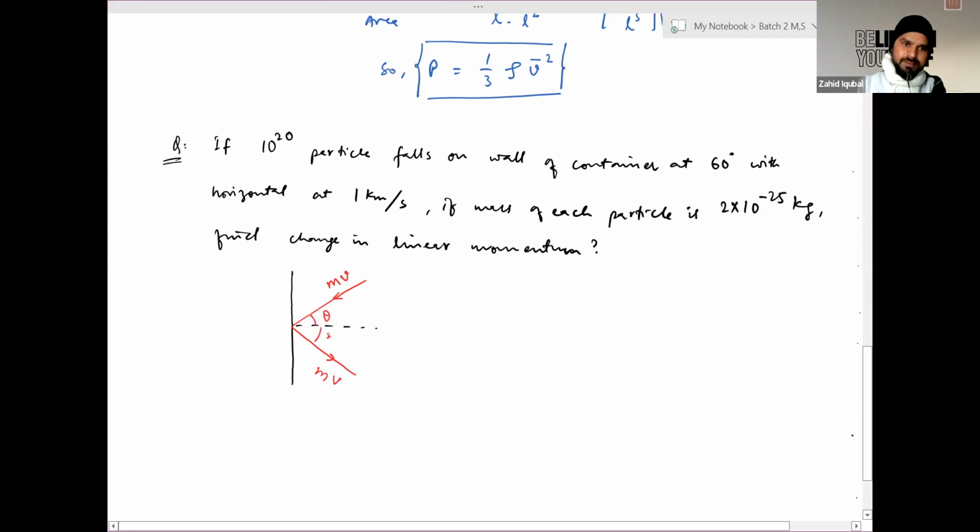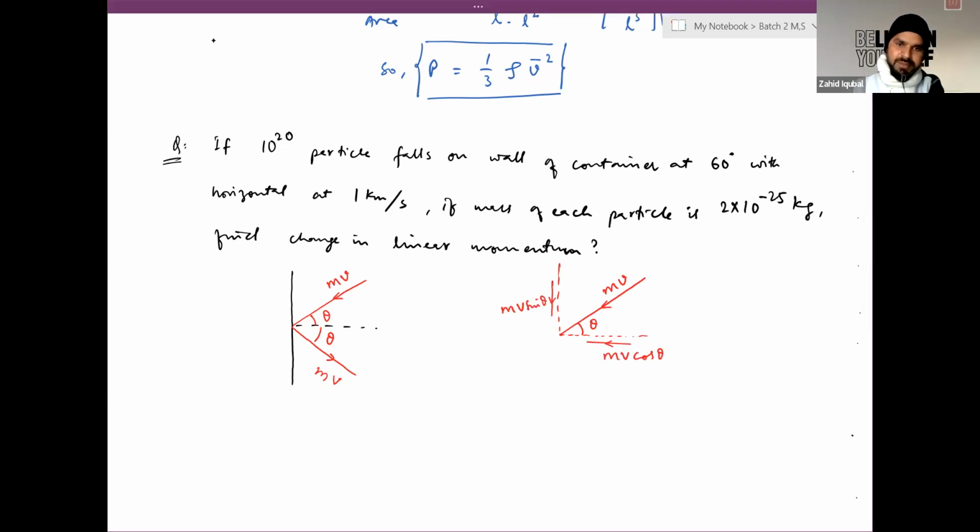If you break the component of this particular part, according to resolution of vector, we have mv along this direction having theta. So it will have components along this direction and along this direction: mv times cos theta and mv times sine theta.